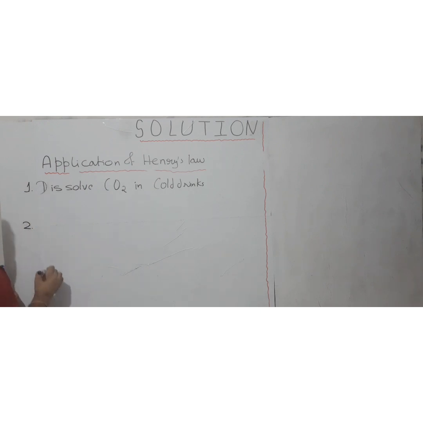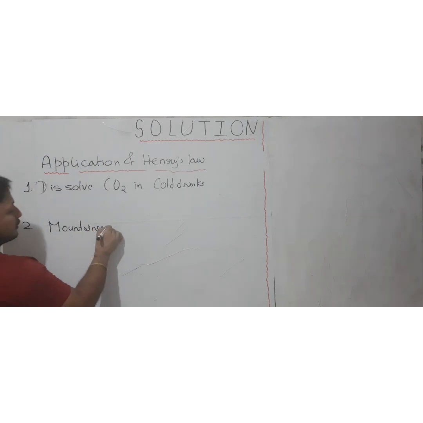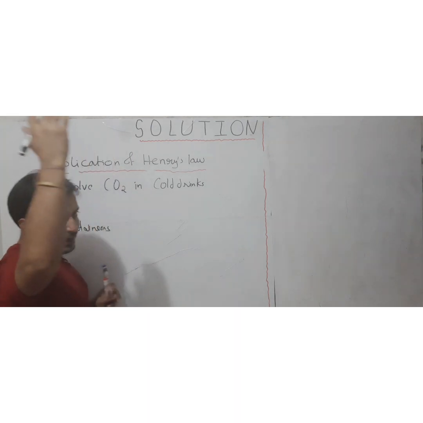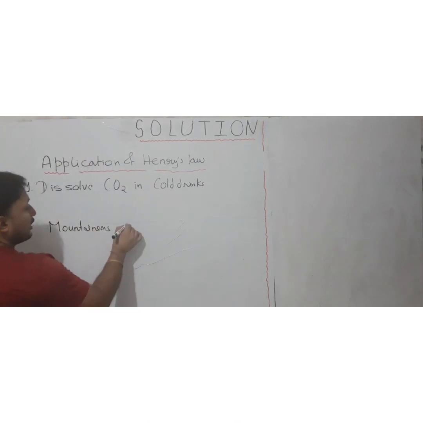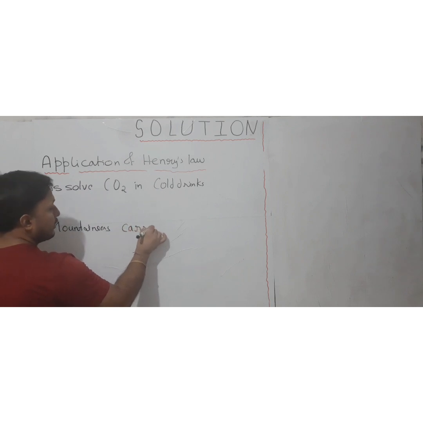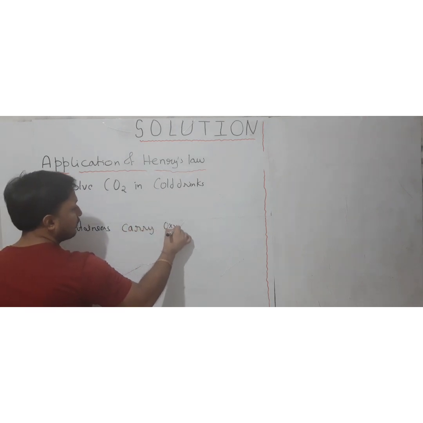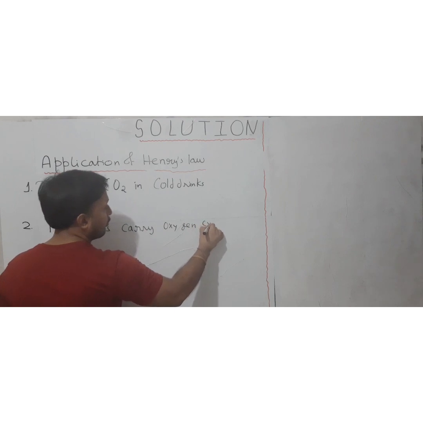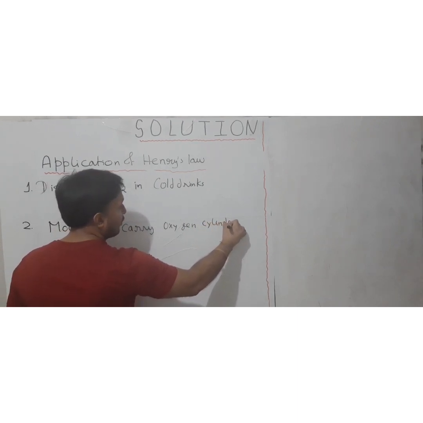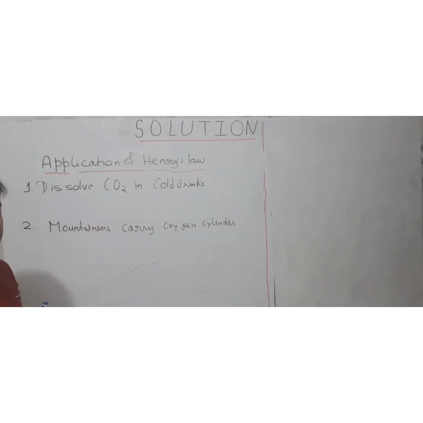The second application is that you all know about mountaineers. We are talking about the mountaineers who are going to high altitude. Mountaineers always carry an oxygen cylinder with them. Why?